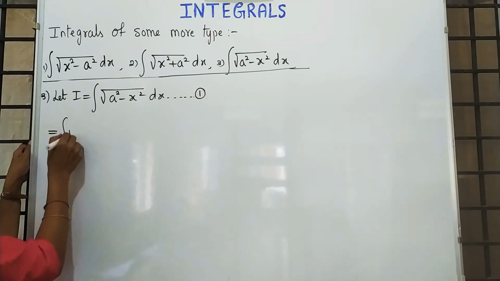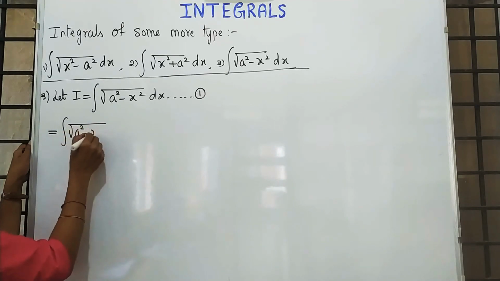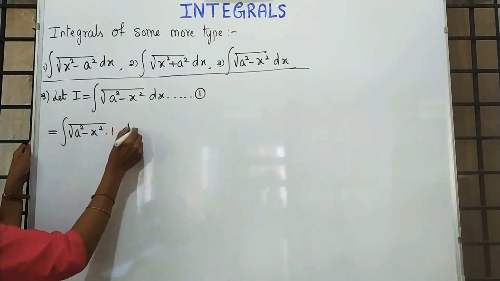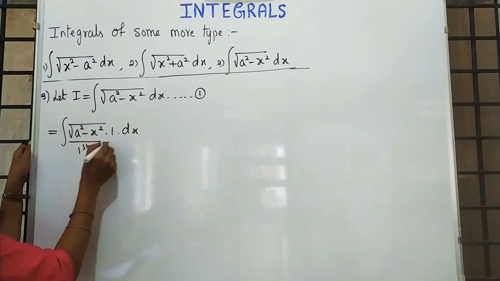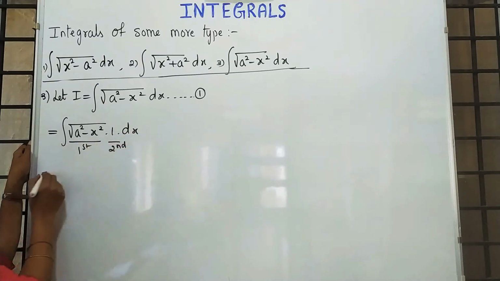Again we don't know this integration, write it as root of a square minus x square into 1 into dx. This is the first function and this is the second function.